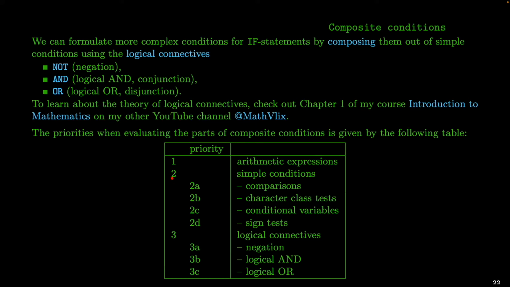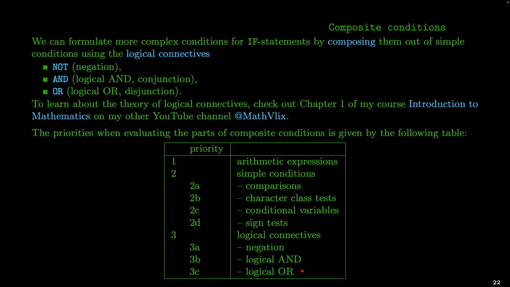So the composite conditions are composed out of several simple conditions. So these are evaluated in this order: comparisons, character class tests, conditional variables, and sign tests. And finally, the lowest priority is given to these logical connectives in this order here. So first negation, then logical and finally the logical or.